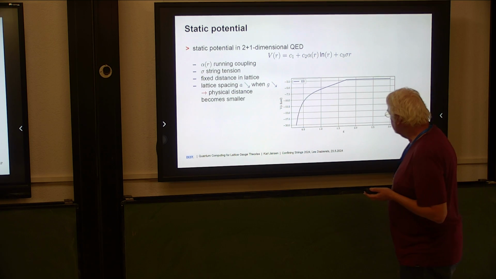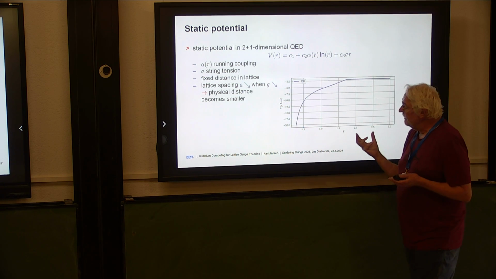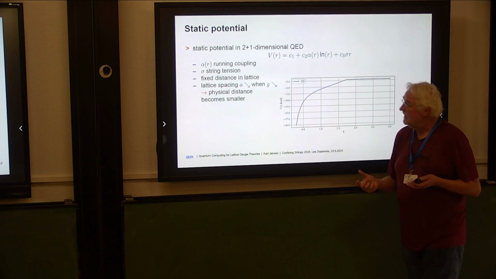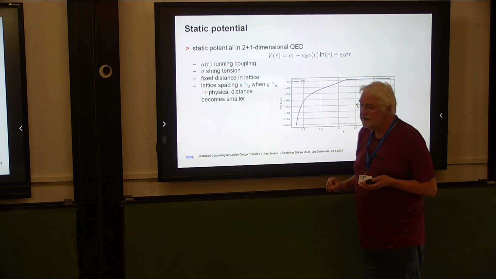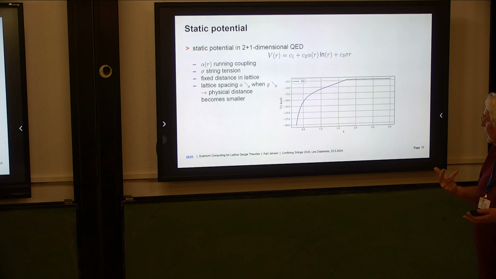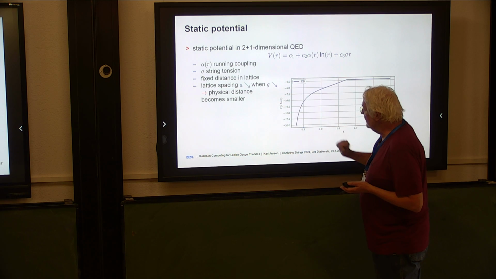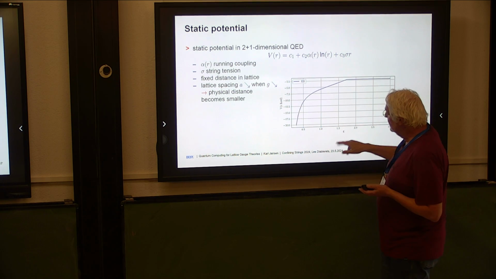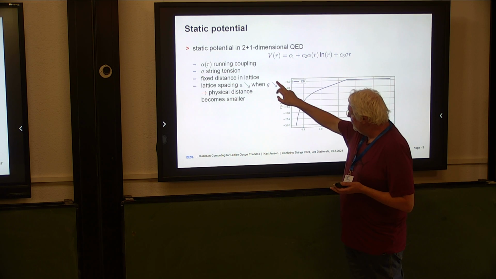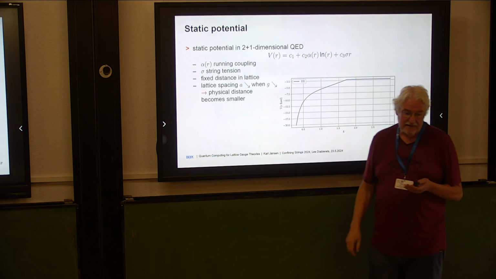And what we do here is keep the distance in the static potential, this r, constant in lattice units, so only, let's say, 3 lattice points. Then we vary g. We make g smaller and smaller, or larger and larger. When g is decreasing, the lattice spacing also decreases.